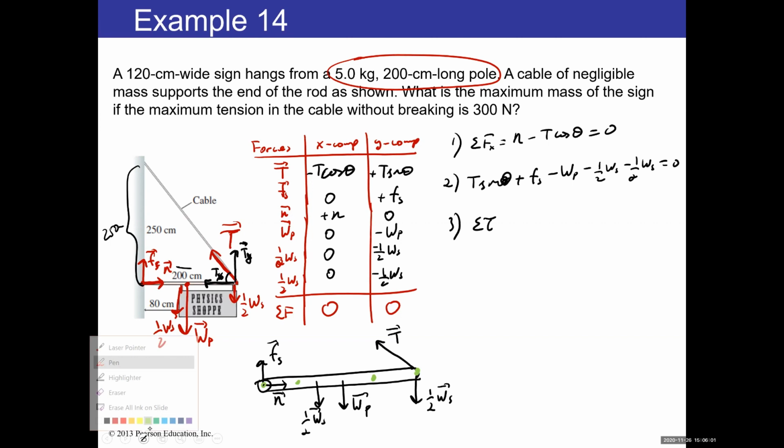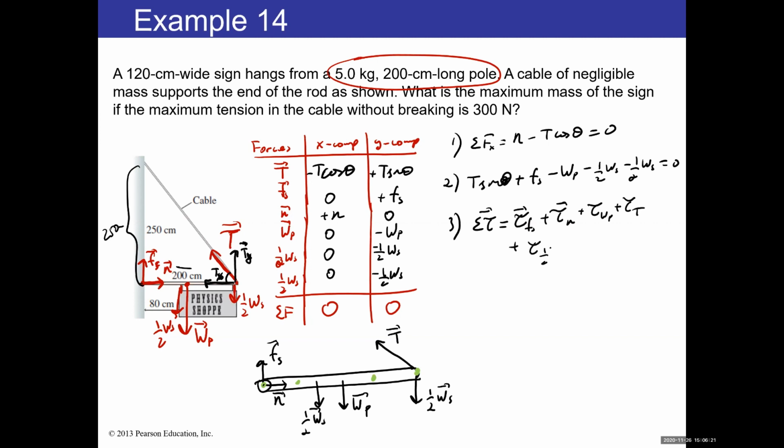So for example, if I'm using my equation, remember the net torque is a vector, right? So it's the torque due to the static friction, plus torque due to the normal force, plus torque due to the weight of the pole, plus torque due to the tension, plus torque due to the first 1/2 weight of the sign, plus torque due to the second 1/2 weight of the sign, equals 0.